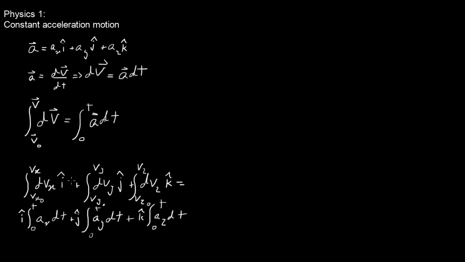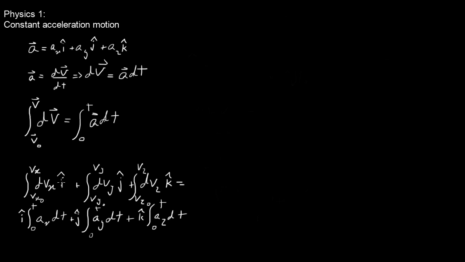Later we will see that i hat, j hat and k hat are independent. So for now you just remember that they are independent. So when I have an equation like this where there are i hat, j hat and k hat on both sides, you just need to put the components of each equal to each other.